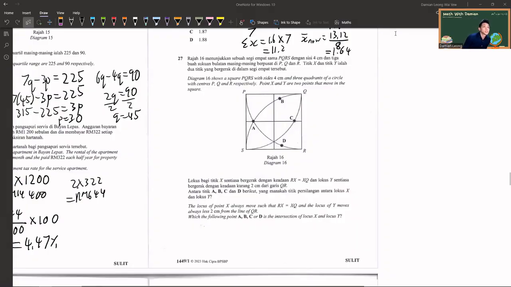Question 27. Rajah 16 menunjukkan sebuah segi empat sama PQRS dengan sisi 4 cm dan 3 buah sukuan bulatan masing-masing berpusat di P, Q, dan R. Titik X dan titik Y ialah dua titik yang bergerak di dalam segi empat tersebut.